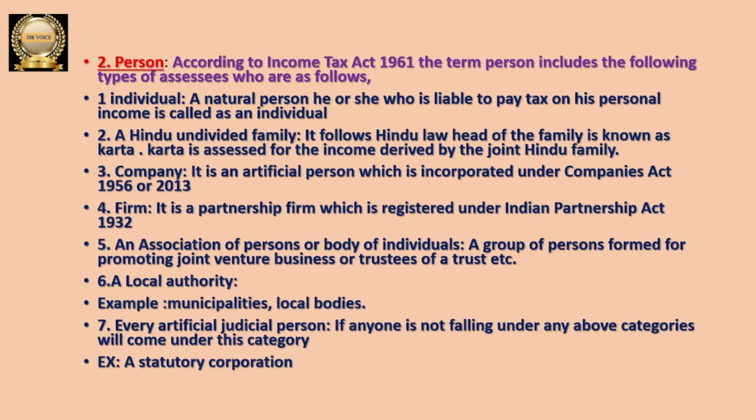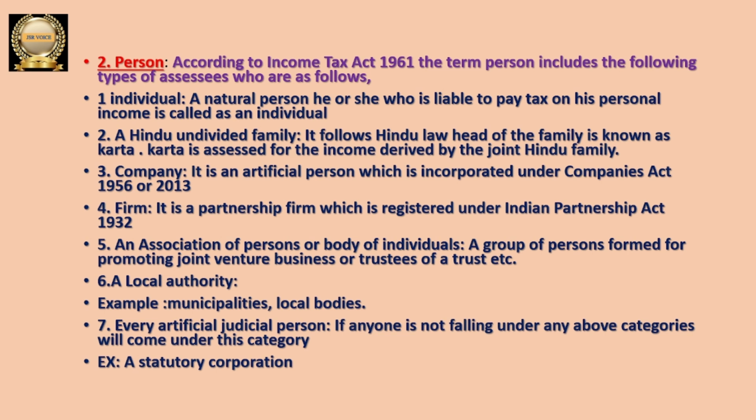In a Hindu undivided family, the head of the family is called Karta. Karta is always assessed for income derived by the joint Hindu family. So he is responsible for payment of income tax on behalf of the family. And who will become Karta?